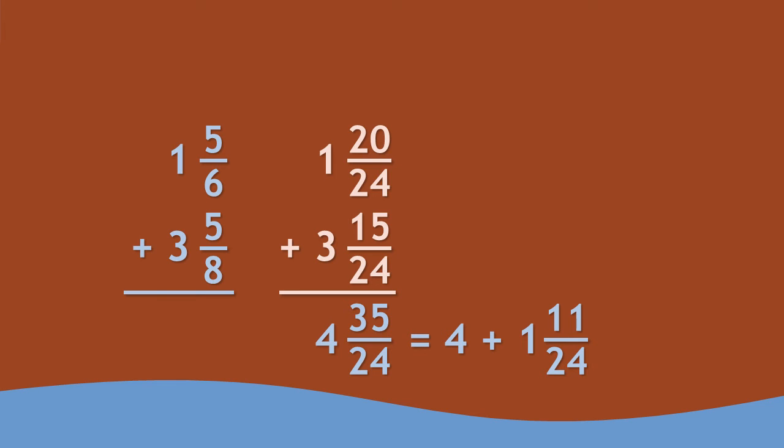So 24 goes into 35 once, you have 11 as the remainder, and you put that over 24. Now don't forget, 1 and 11 over 24 is not your answer. You still have that 4 left from your original mixed number. So you have to add that whole number 4 to 1, and you get 5 and 11 over 24.